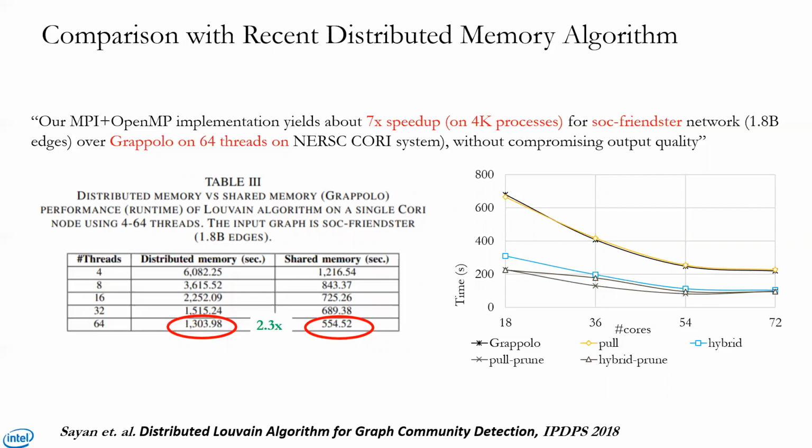This distributed memory algorithm applies different heuristics. For example, it also does vertex pruning using probabilities, early termination, modularity threshold cycling and so on, which were not present in the Grappolo algorithm. One interesting point to note is that the distributed memory algorithm is 2.3x slower than Grappolo if both run on 64 threads.